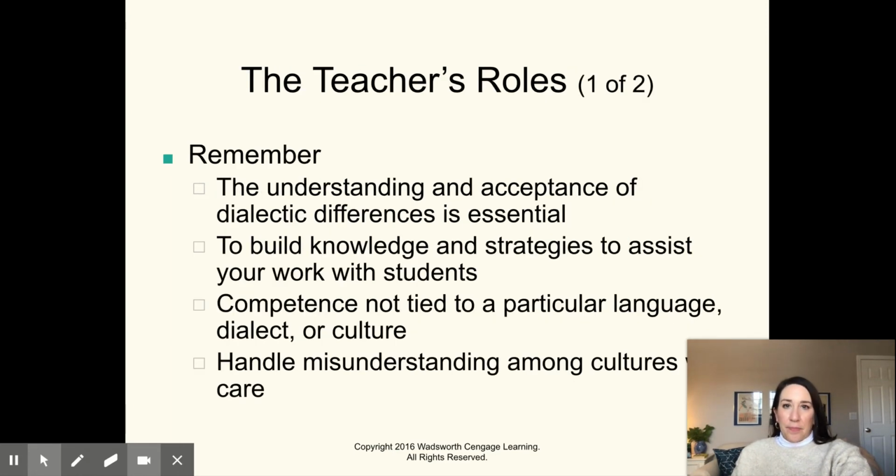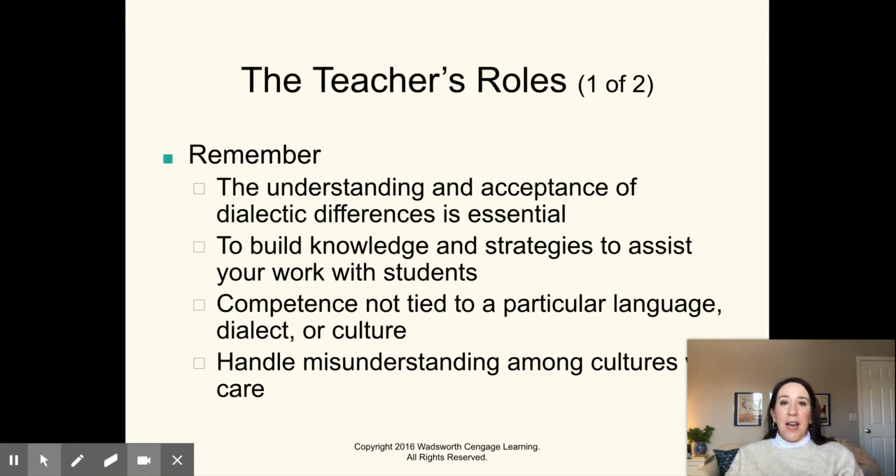So there you go. What is your role? Your role is to understand that many people speak many different ways. So you need to be respectful of all the ways that people speak, while still at the same time helping them learn standard English, because that's what we teach in school.